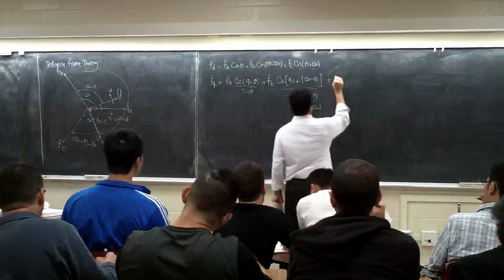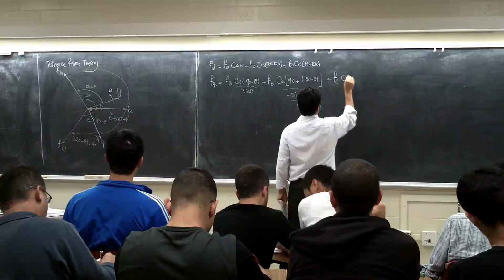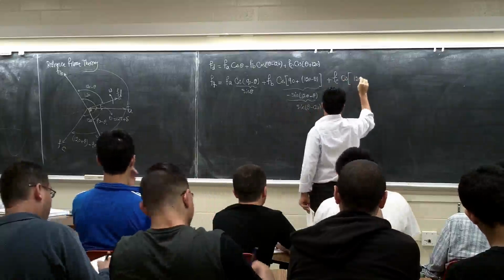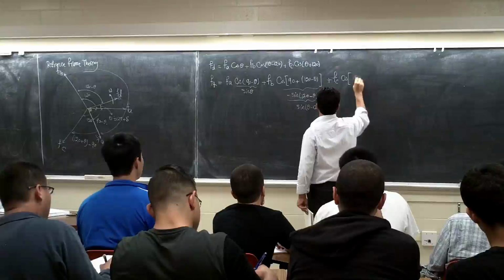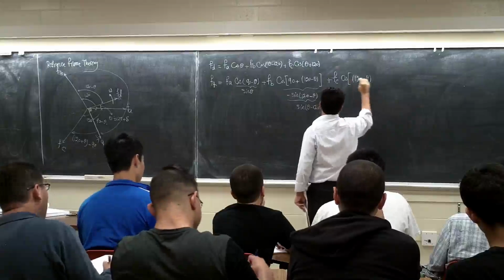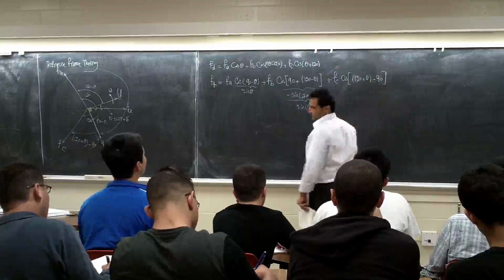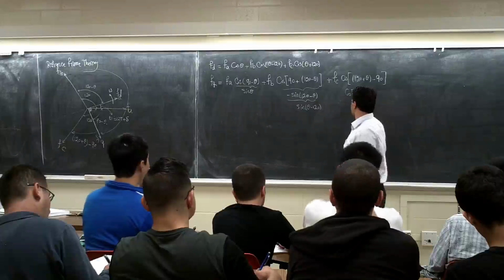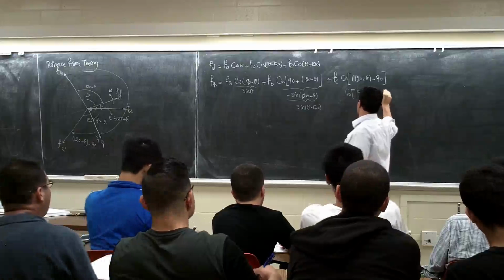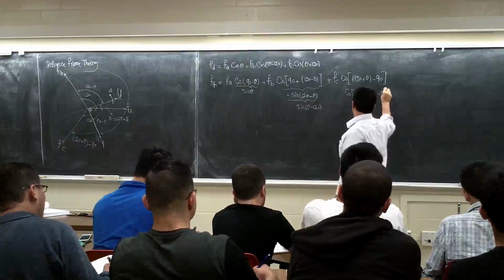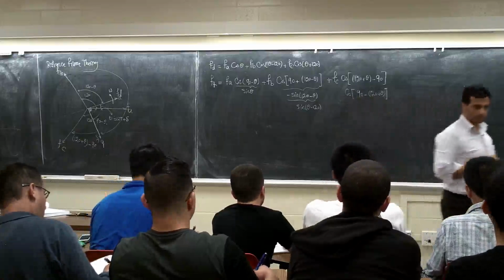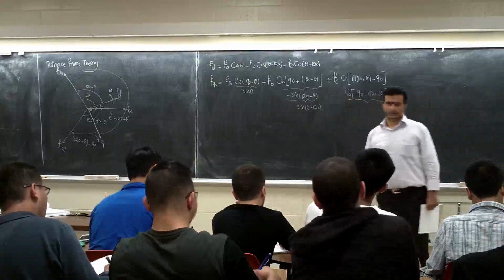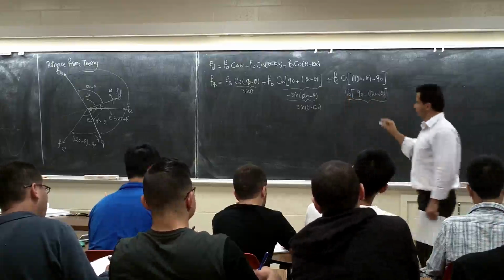So it's going to be plus FC cosine of 120 plus theta minus 90. We can write this as the cosine of 90 minus 120 plus theta. Is it correct? So how much is this one? Sine of theta plus 120.